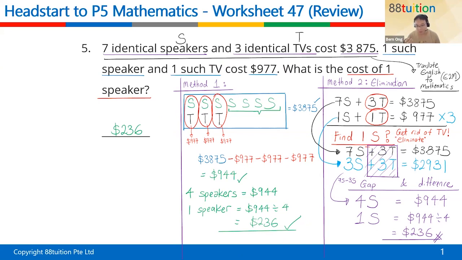If they give you very ugly numbers, you will be able to use method 2 with more ease. My job here is to let you have a bit more options, to keep you open-minded, so that at least you know there are many different methods around. You can choose something which is more relevant, which you can fully understand, in order to solve that kind of question.